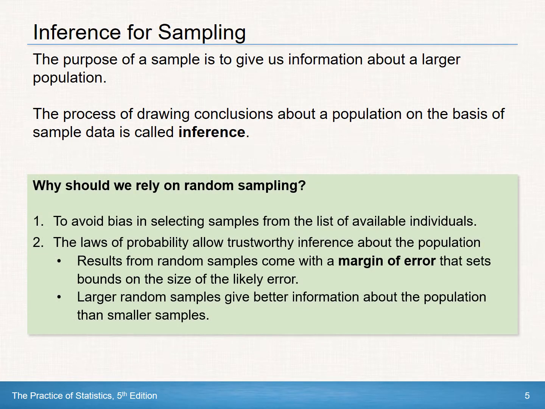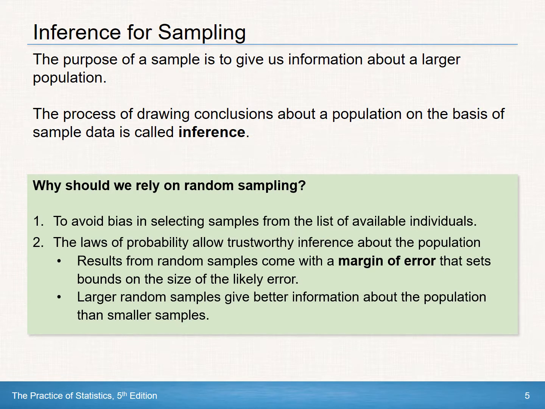What we're headed to is we're going to be making a lot of inferences in this class, and that's what this whole class really is based upon in the end. We're going to draw conclusions about a population based on sample data. And we want to rely on random sampling because then we avoid bias in selecting samples from the list of all available individuals.